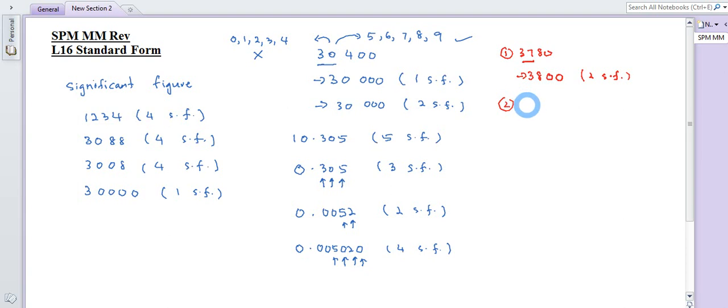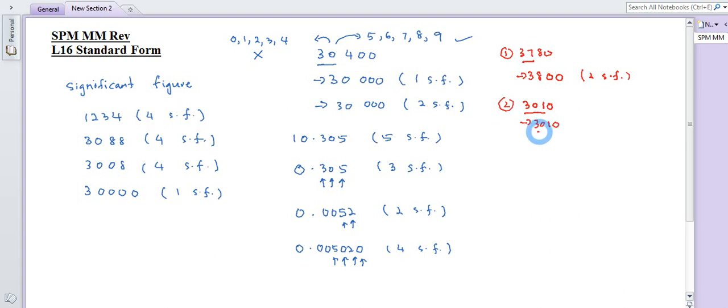Say you have 3010. I want you to correct this answer to three significant figures: 1, 2, 3. I look at the number at the back, on the right hand side of the 1. It is 0, so I don't have to add 1. So 3, 0, 1, and this one we just copy as 0.